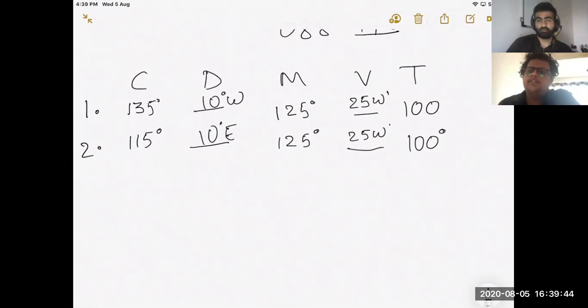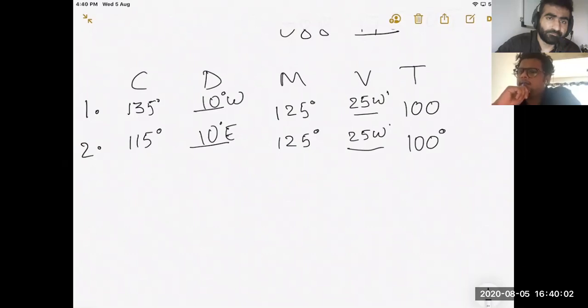So, sir, deviation is basically the angular difference between magnetic heading and true heading. No, no, you said it incorrectly. What is deviation?